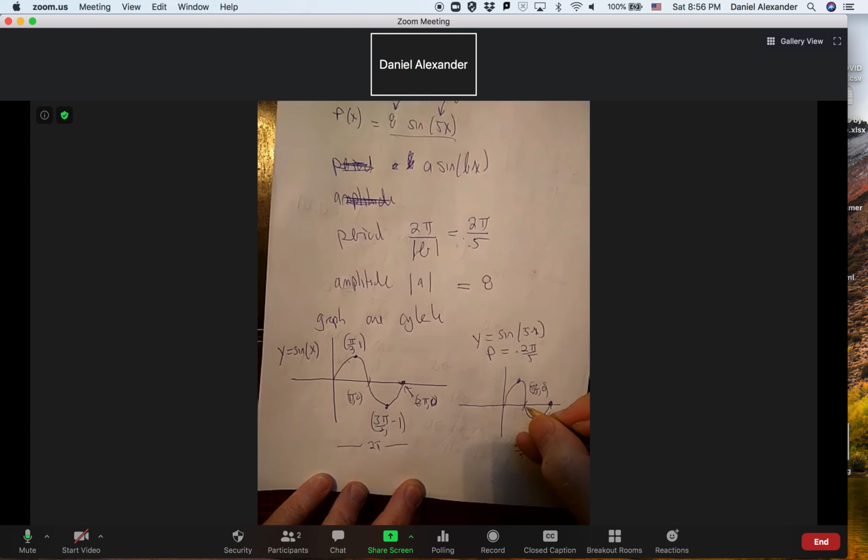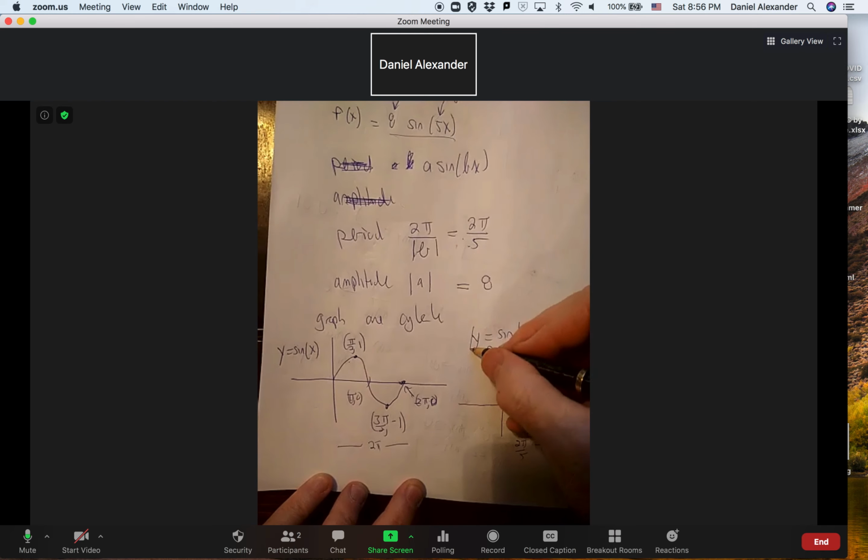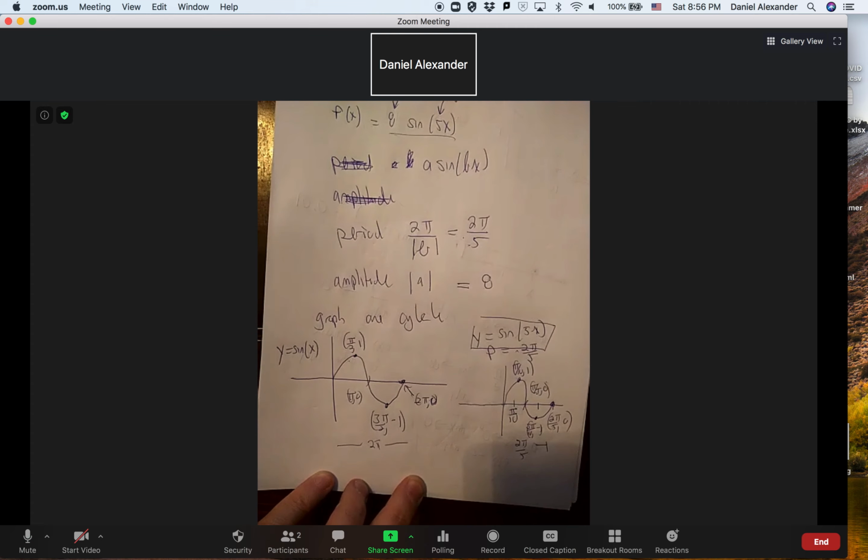This point is going to be half the distance, so divide pi over 5 by 2, pi over 10. This point is pi over 10, 1. And this point here is going to be pi over 10 plus pi over 5, which is 3 pi over 10, -1. So that's the graph of y equals sine of 5x.